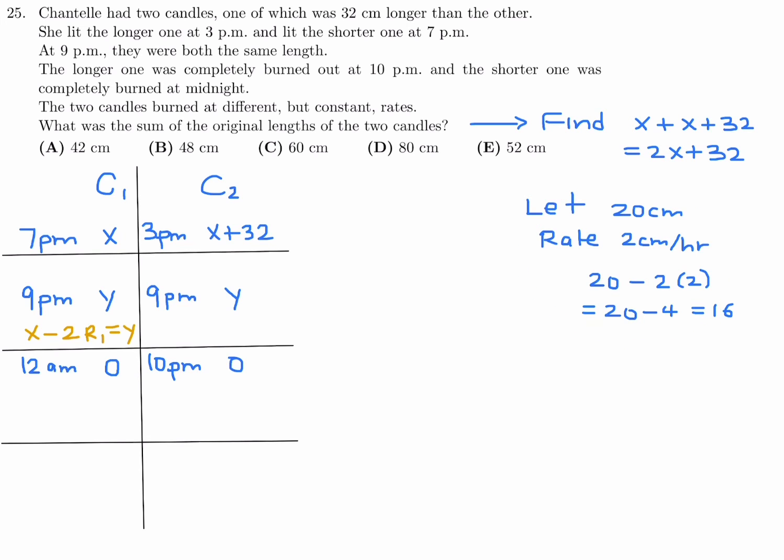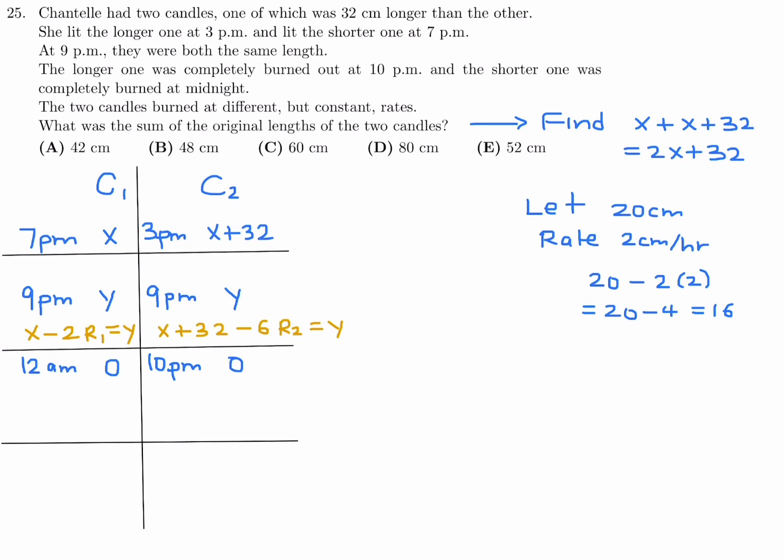And then similarly for C2, that is 6 hours, right? 3 p.m. to 9 p.m. It'll be X plus 32 minus 6 times R2, where R2 is the rate that the candle 2 burns at. All right? And then for this guy right here, 0, that is 7 to 12 is 5 hours.